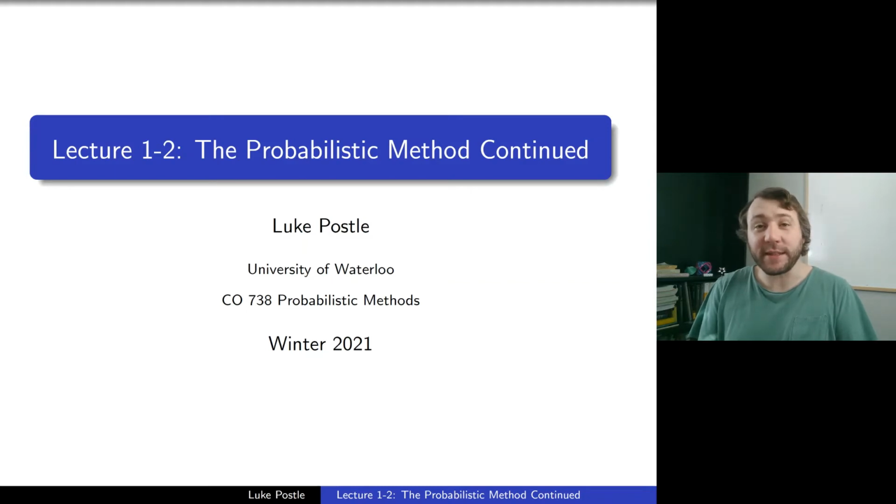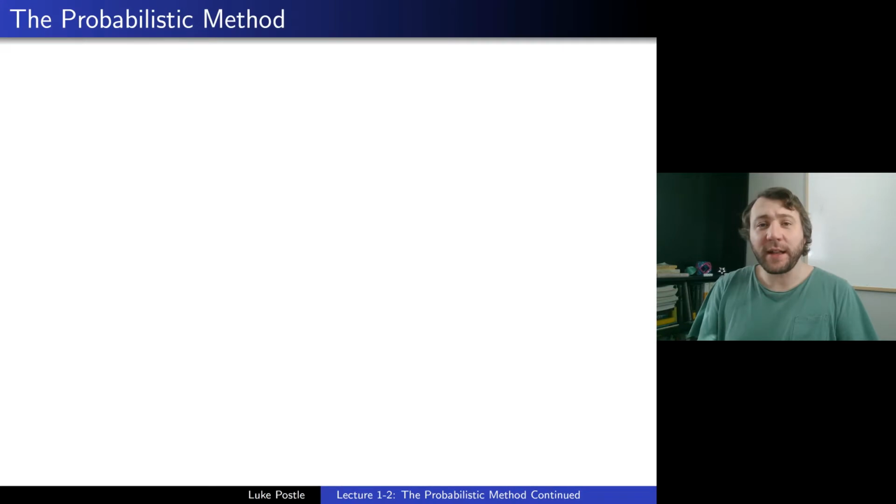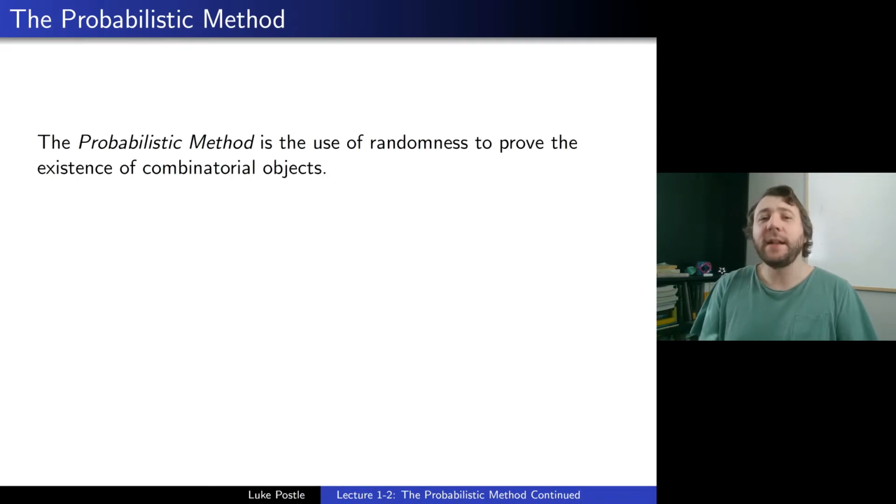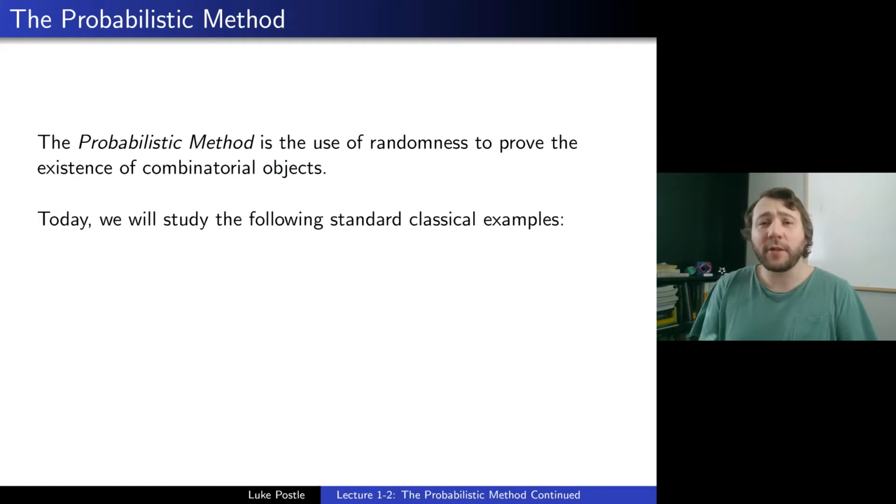Today we'll be discussing the probabilistic method. So again, to remind you from last class what the probabilistic method is, at its root it is the use of randomness to prove the existence of combinatorial objects. Today we'll be discussing yet more standard classical examples of the use of the method.